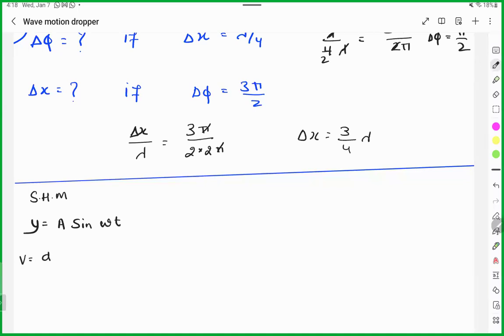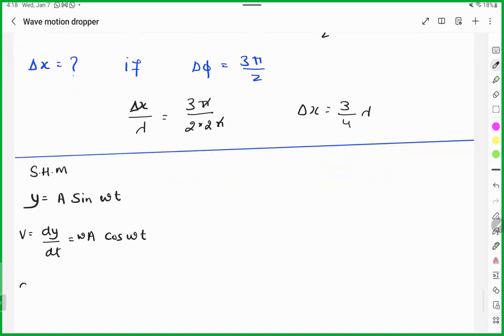Velocity dy by dt, A cos omega t, and omega will also be there because it is constant. Acceleration dv by dt, minus omega square A sine omega t. Like this, in SHM.